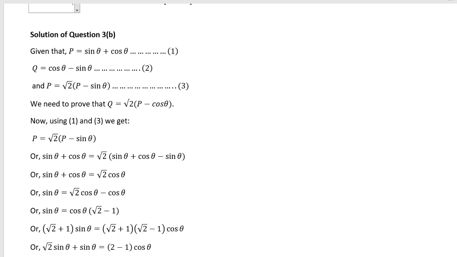Look at here, solution 3b. In the stem we are given that P is equal to sin theta plus cos theta. We take it as equation 1, and Q is equal to cos theta minus sin theta. We take it as equation 2.